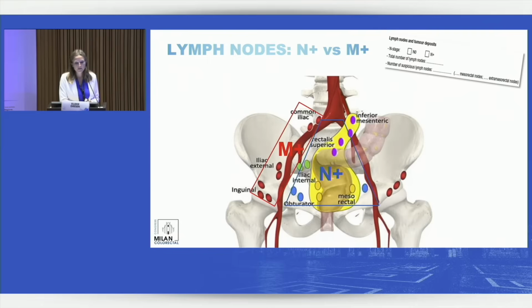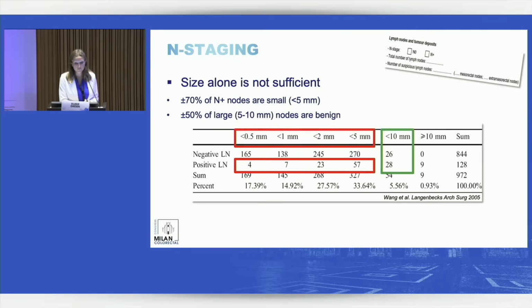And then all those lymph nodes either along the common iliac, external iliac, or in the inguinal space, that is metastatic disease. Only if we have very low-lying tumors extending below the dentate line, then the inguinal region will still be local regional lymph nodes. And then, of course, the lateral lymph nodes, which are in the obturator space and along the internal iliac.